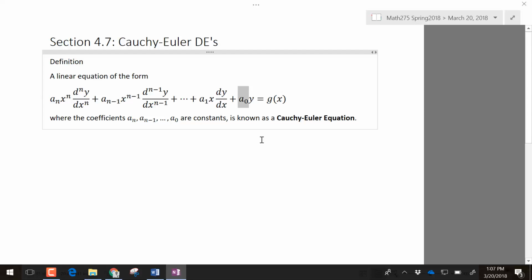Okay. So this is a Cauchy Euler differential equation. Now the first thing we're going to do is take a look at the homogeneous portion of this, and then after that we'll apply the variation of parameters to solve the non-homogeneous differential equation.